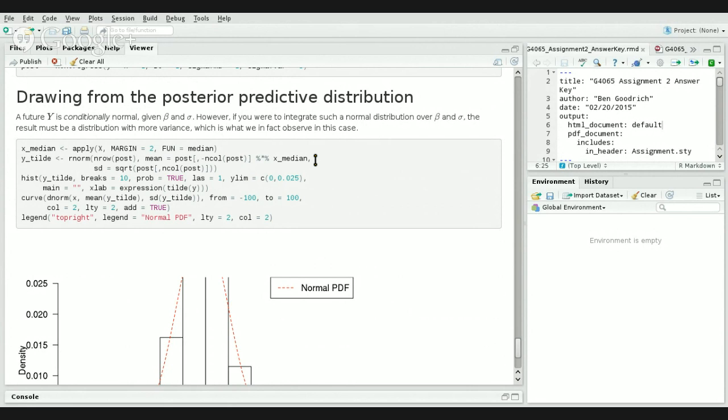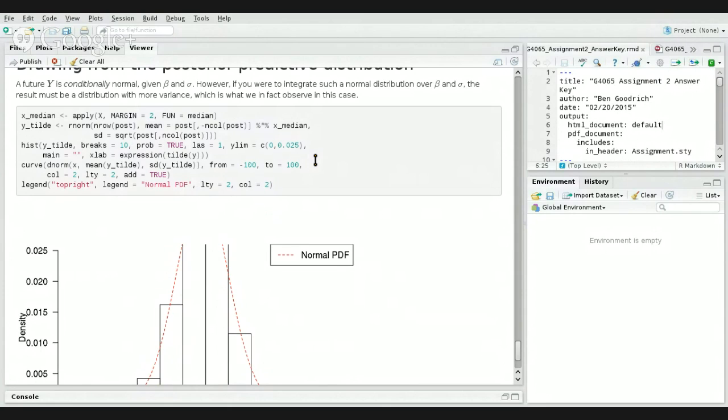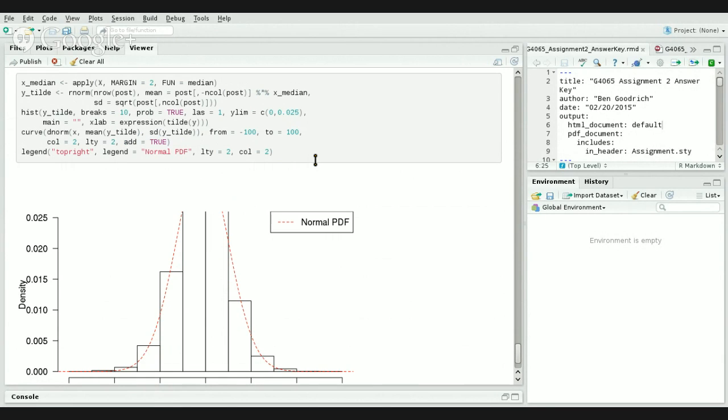And we can make a histogram of that distribution to say what are our beliefs about what a future y would be in light of our updated beliefs about what the betas and what the sigma squared is. Each element of y tilde comes from a conditional normal distribution.